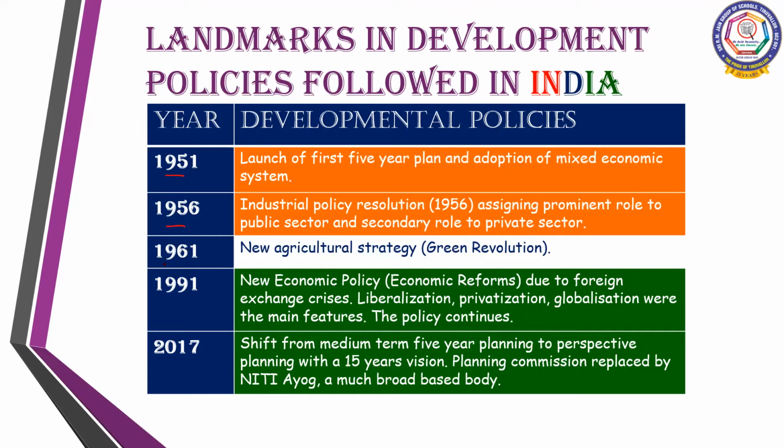In 1961, the new agricultural strategy, the Green Revolution, was introduced. This raised the agricultural production in India and it helped in removing shortages in food grains.